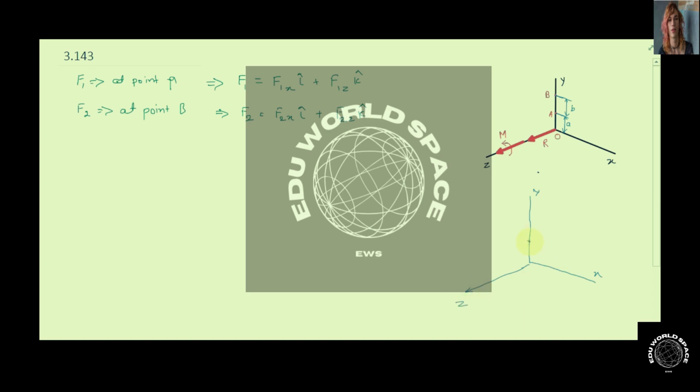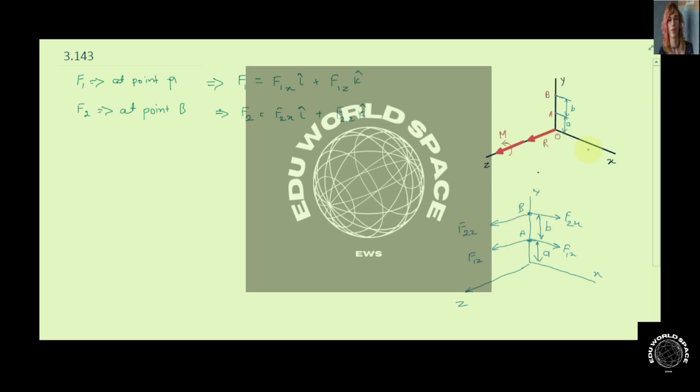Alright, so here at point A, one force F1x is in x direction, and here F2x is in x direction, F1z is in z direction, and F2z is also in z direction. So this was the point A and this was point B. This perpendicular distance was given as A and this perpendicular distance was B. So now we can apply the force balance and moment balance in this problem.